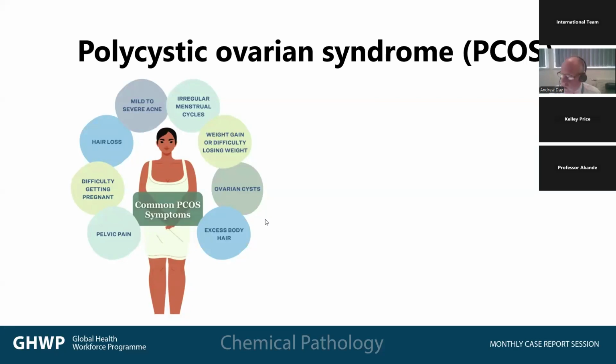Typical symptomatology of PCOS, in particular, weight gain, difficulty in losing weight, irregular menstrual cycles, signs of androgen excess, acne, hair loss, excess body hair, excess terminal hair, and some other gynecological symptoms. Pelvic pain and ovarian cysts are observed in ultrasound, of course.